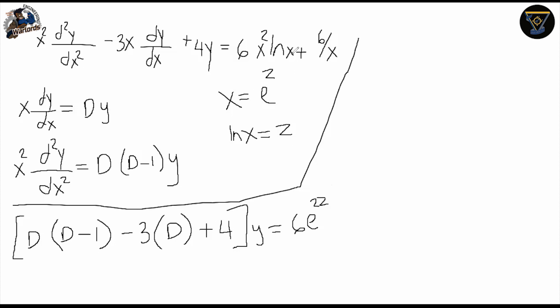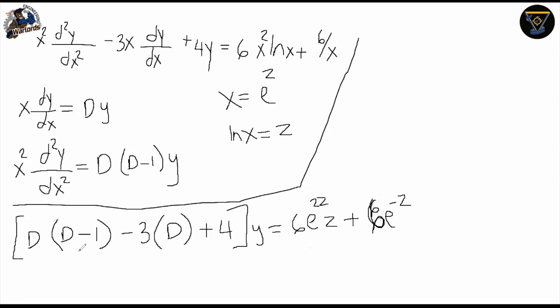And now we have ln x. Remember that ln x is equal to z, so we're going to multiply it by z. And then plus 6, and then we have x again, which is e to the z, so we can bring it up. So it's going to be e to the minus z.